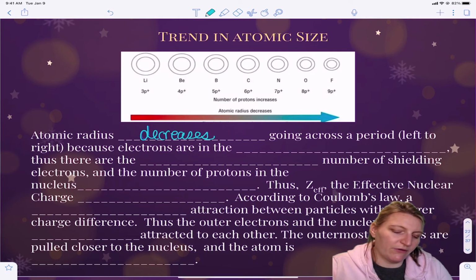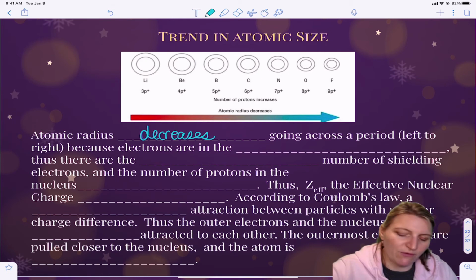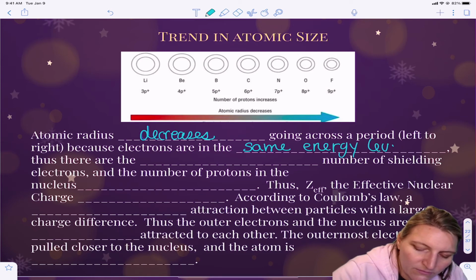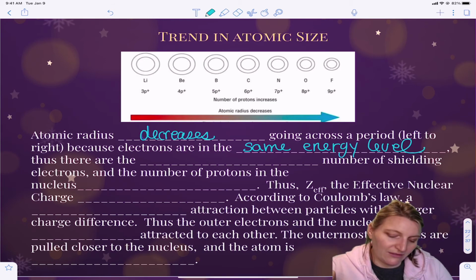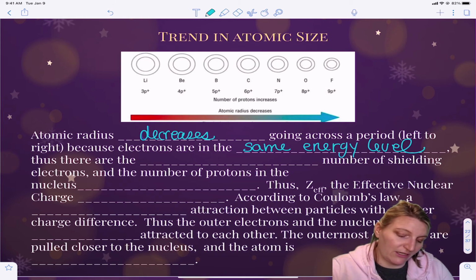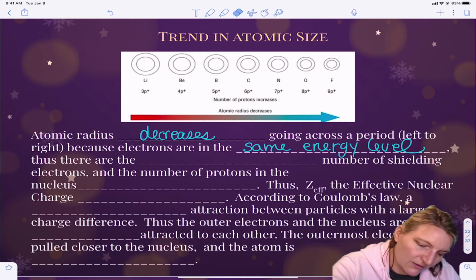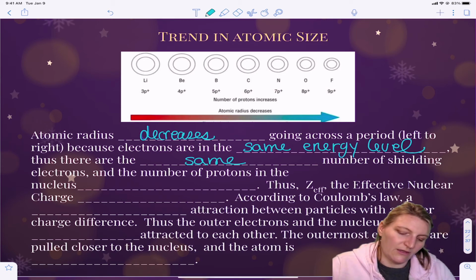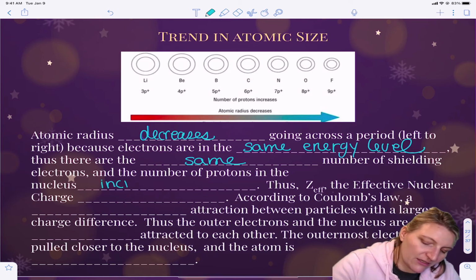So atomic radius, of course, decreases going across a period from left to right, because electrons, and this is important, when you're going from left to right, they are in the same energy level. Thus, they have the same number of shielding electrons, but the number of protons in the nucleus increases.